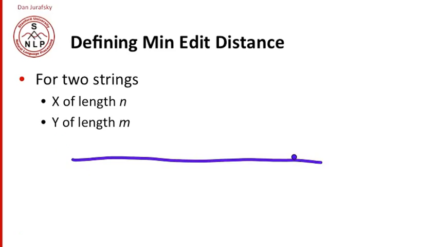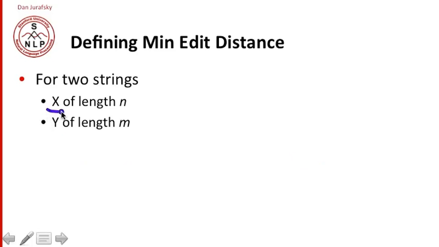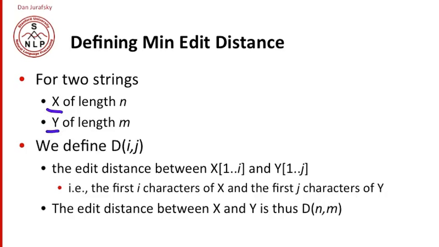We're going to define minimum edit distance formally as, for two strings, we have string x of length n and string y of length m. We'll define a distance matrix, capital D of i,j, and that will be the edit distance between the first i characters, 1 through i, of x, and the first j characters, 1 through j, of string y.